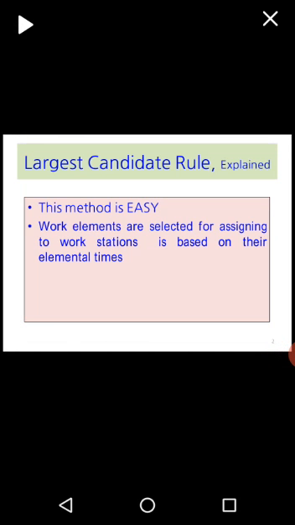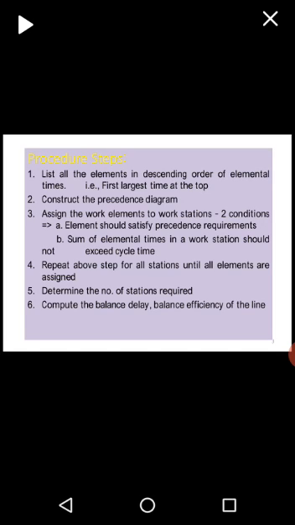What is this largest candidate rule? This method is easy to solve, and the work elements are selected for assigning to the workstations based on their elemental times. Before solving the problem with the largest candidate rule, we need to know its procedure or steps.